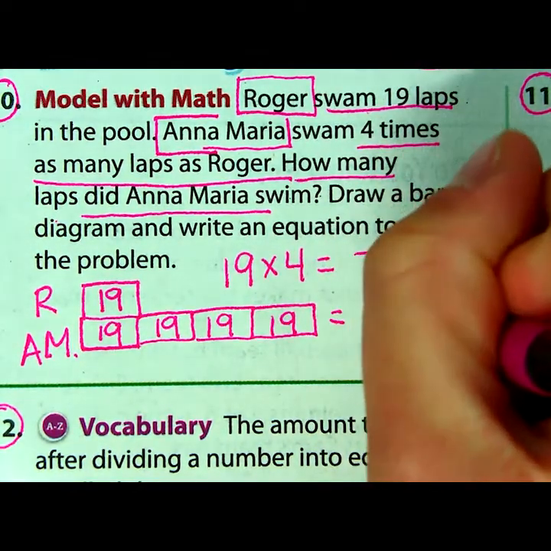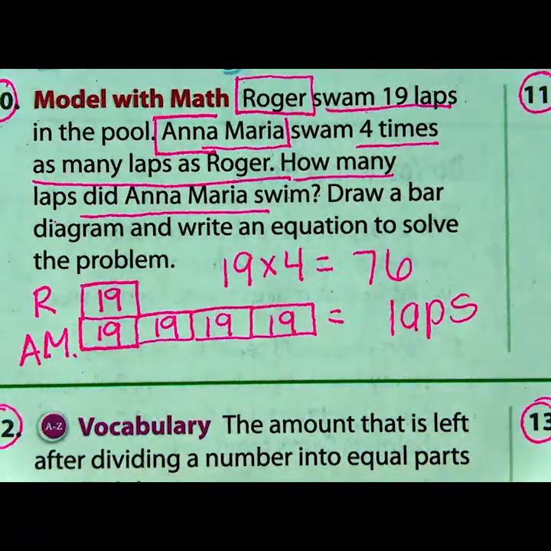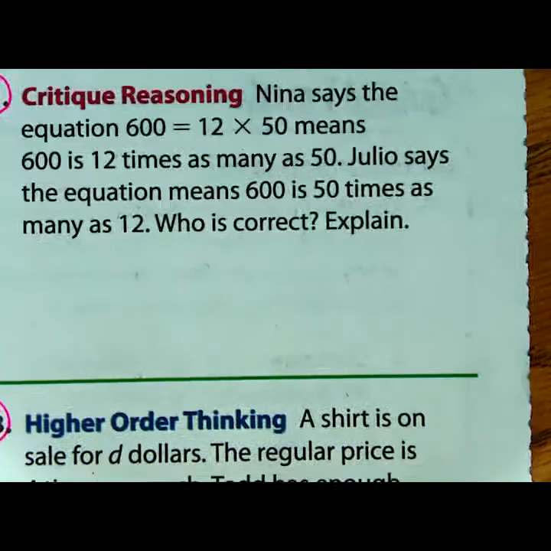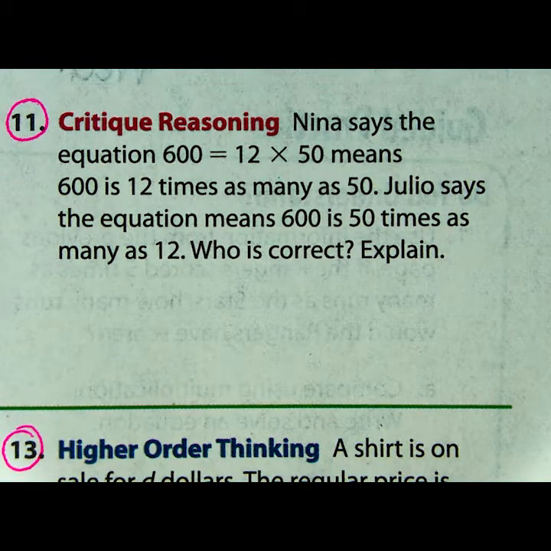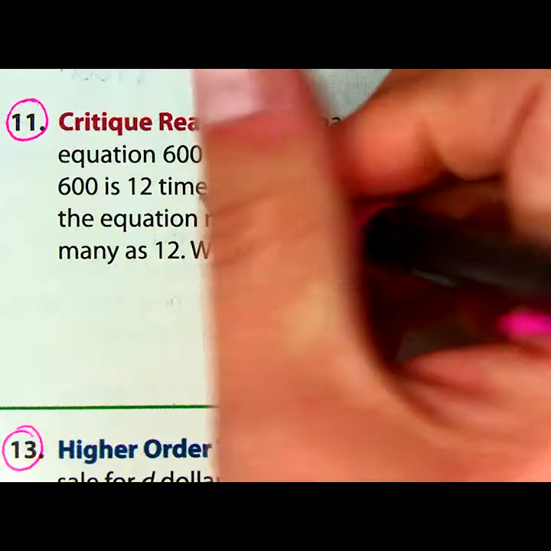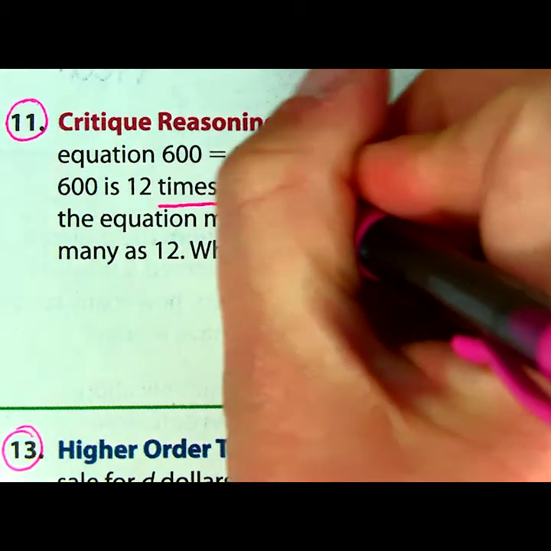Number 11, moving right along. Nina says the equation 600 is equal to 12 times 50 means that 600 is 12 times as many as 50. When you see this language right here, 12 times as many, that just means you're putting a multiplication symbol.